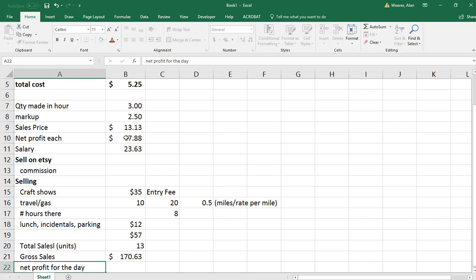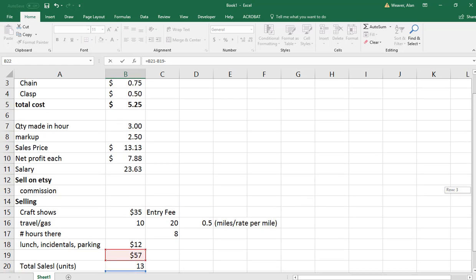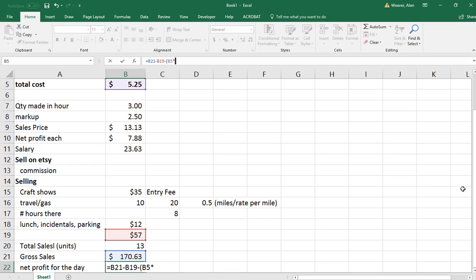So what I would do here, I would say equal the $170 minus the cost to get there minus, and what it's going to be also the number of units sold times the 5 1/4.